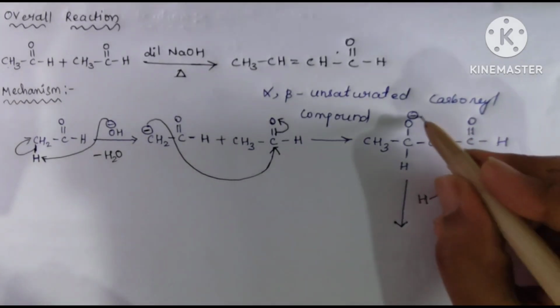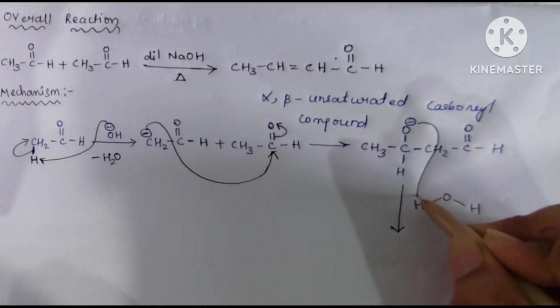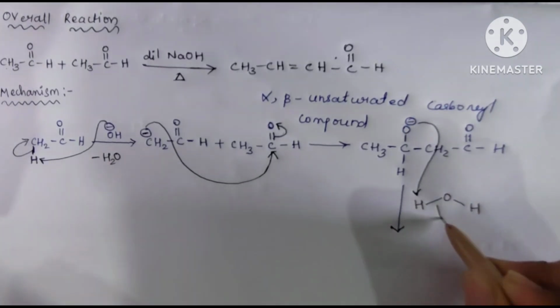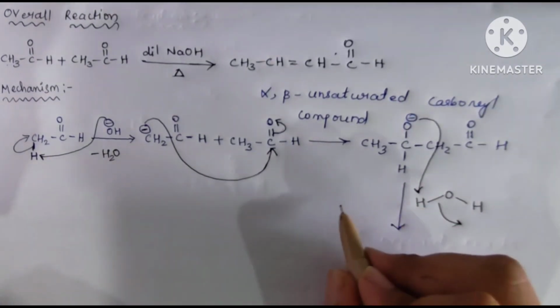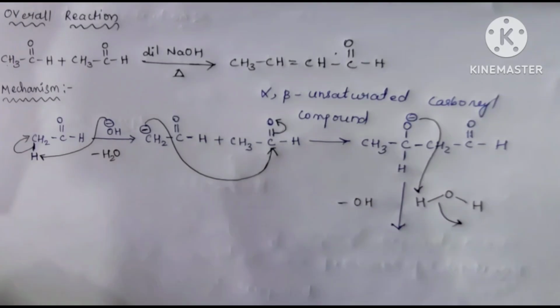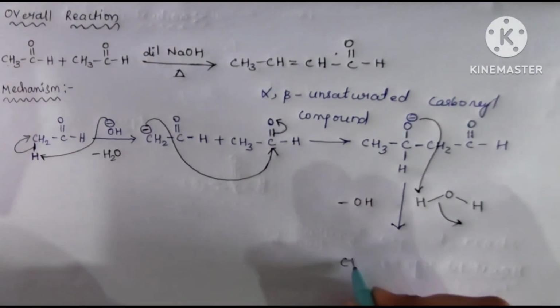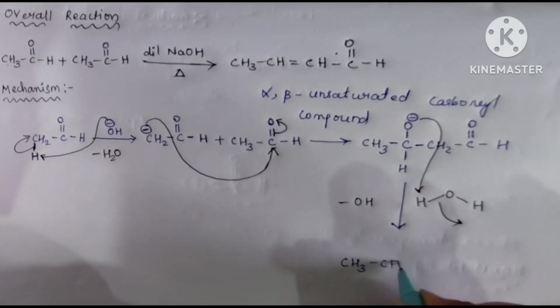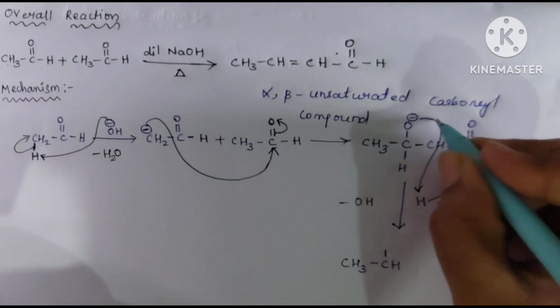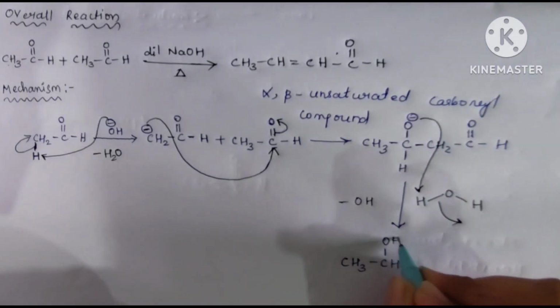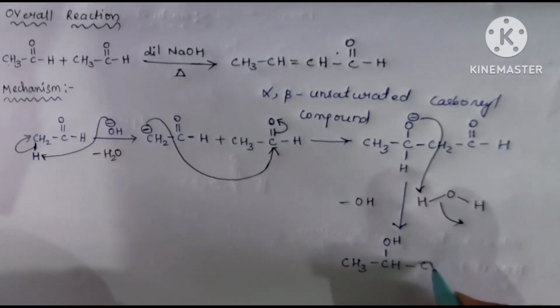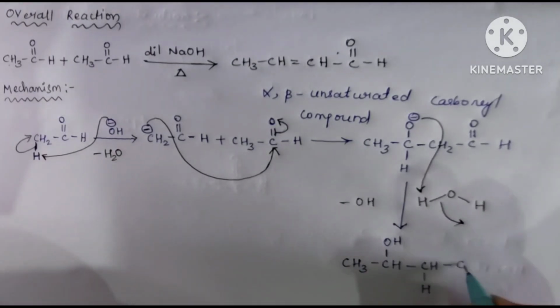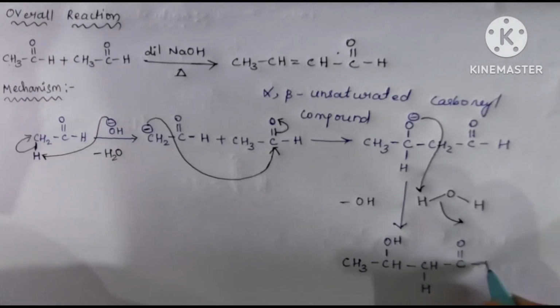The O minus takes the hydrogen and the OH group leaves, so the next compound will be CH3 bond CH with OH, bond CH2 bond C double bond O bond H.